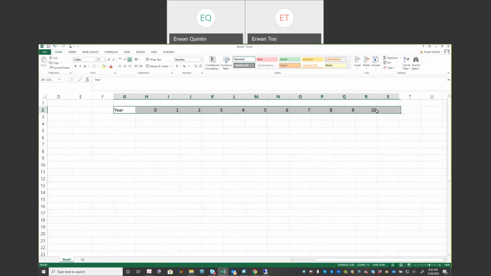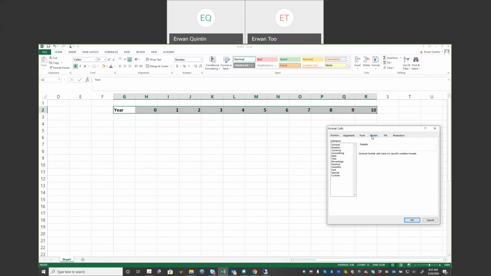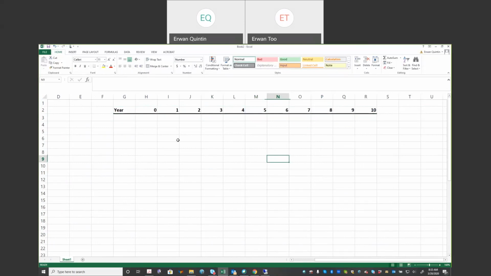Let me try to make it look better by making it bold, and then I'm going to put maybe a little border that will make it look nice. So I'm looking for a border at the bottom, and maybe I'm going to make it thick, a nice border, and that should do. Okay, very good. So here we go.